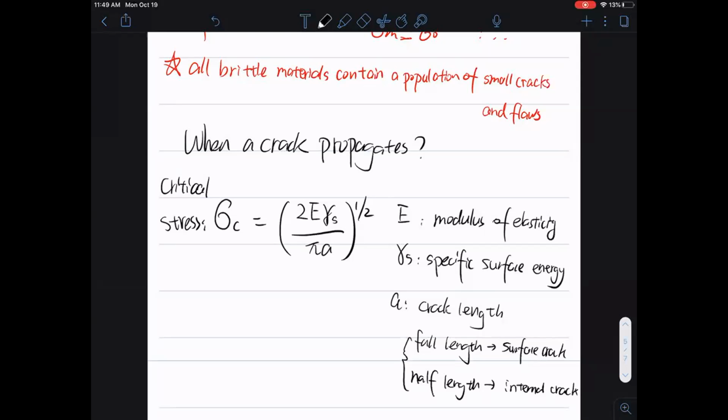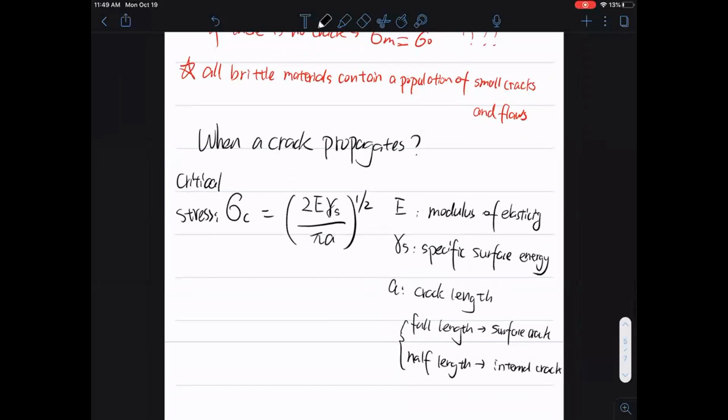So that's the critical stress. If the maximum stress in the material is greater than the critical stress, we're going to see crack propagation. The crack propagation will lead to fracture. That's failure. But if the maximum stress is smaller than this, it's safe.